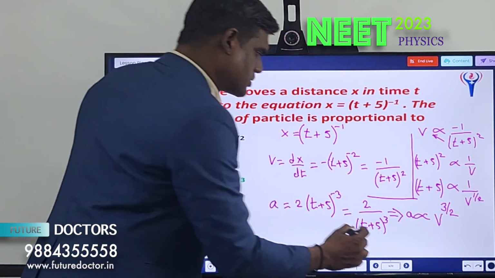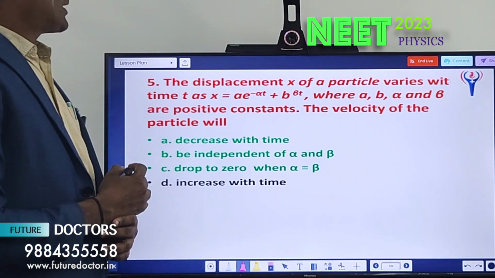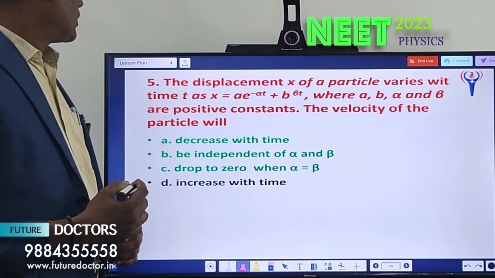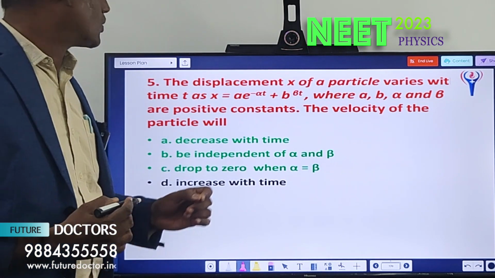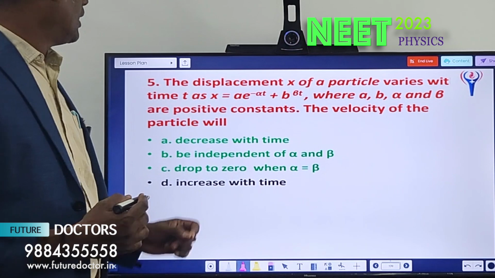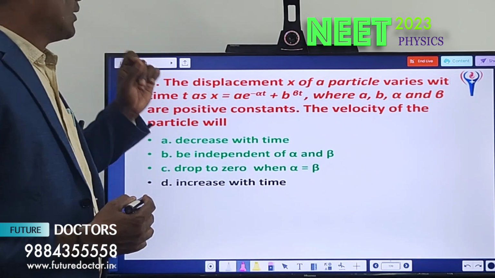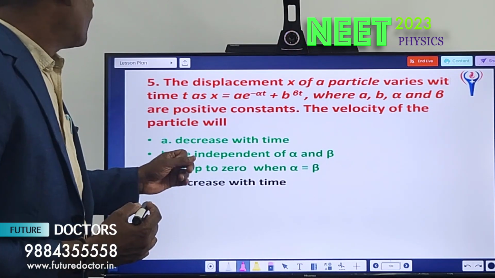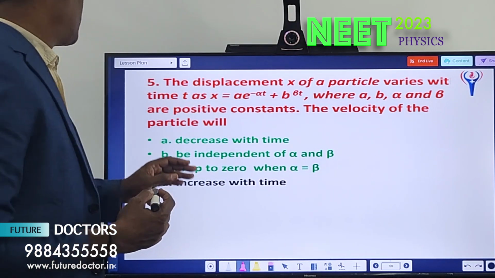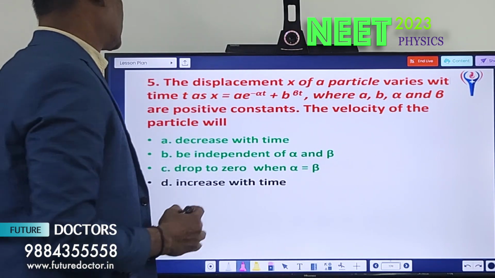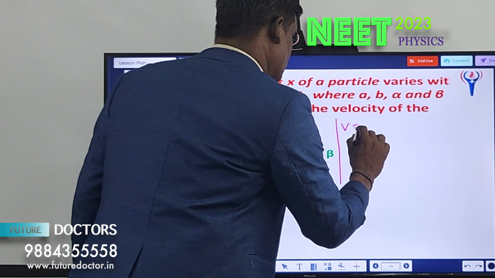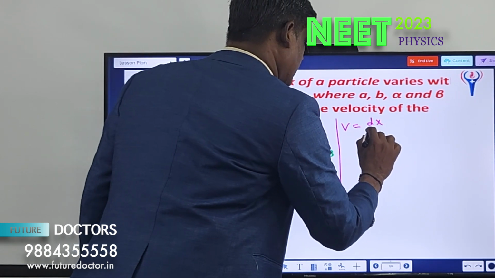Let's move to question number 5. The displacement x of a particle varies with time t as x equal to a into e power minus alpha t plus b into e power beta t, where a, b, alpha, beta are positive constants. The velocity of the particle will be dash. The formula is as usual, v equal to dx by dt.